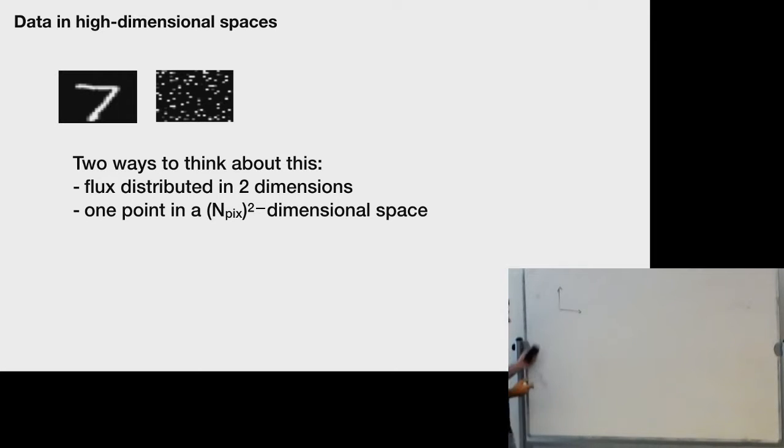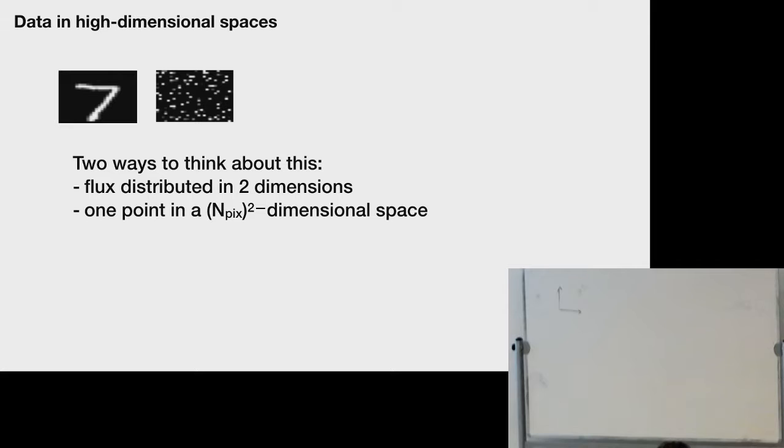My whiteboard has only 2 dimensions, so I'm going to restrict myself to 2, but imagine 1 million. One image would be one coordinate. And now if I have many images of the same type, they are likely to form a cloud like this. If that's the case, we see that there is some simplicity here, and we can make use of that.